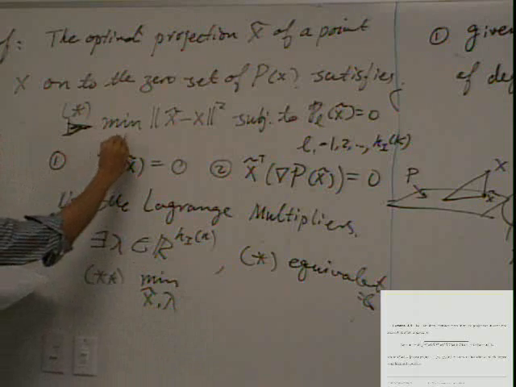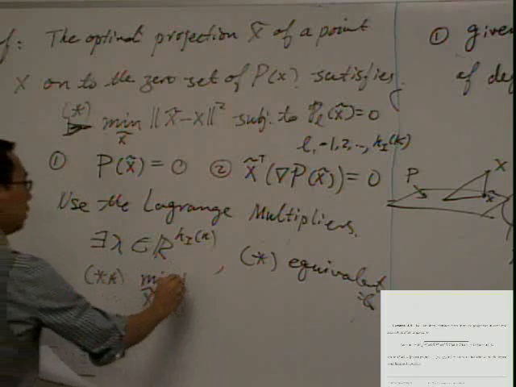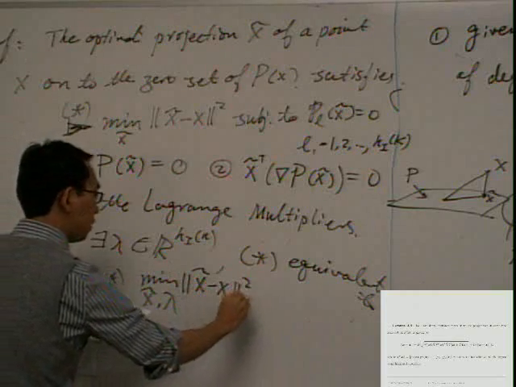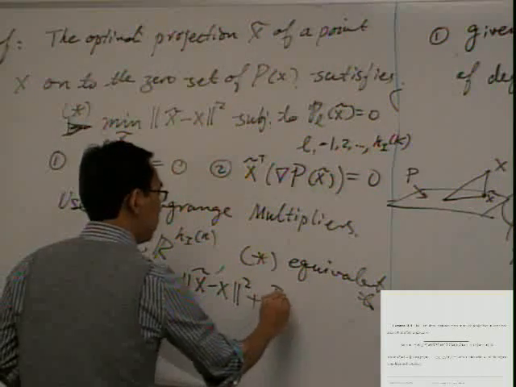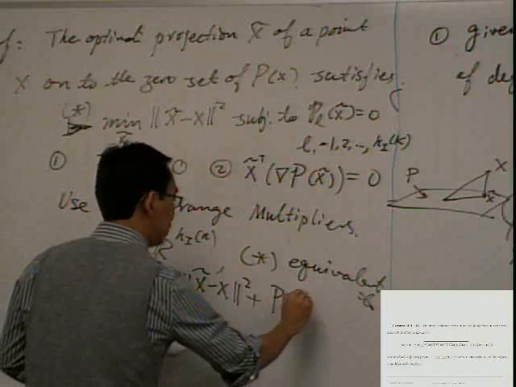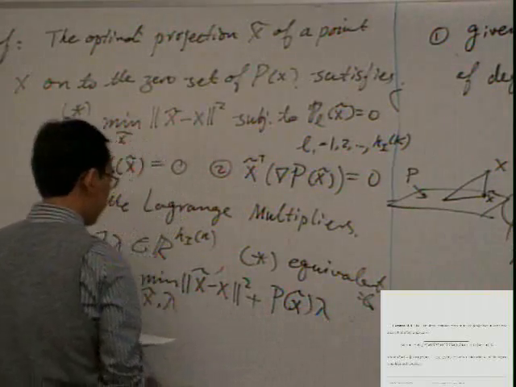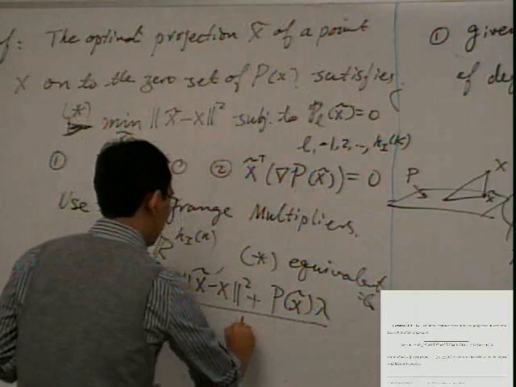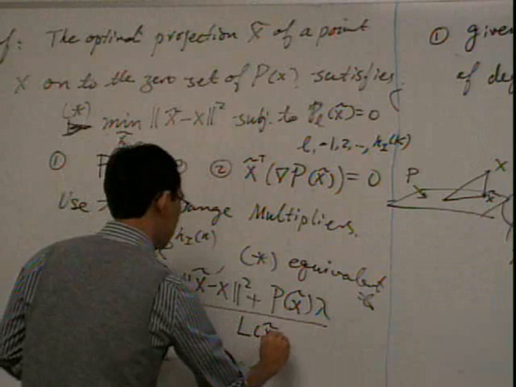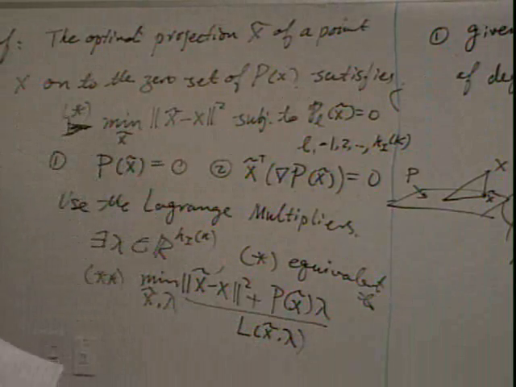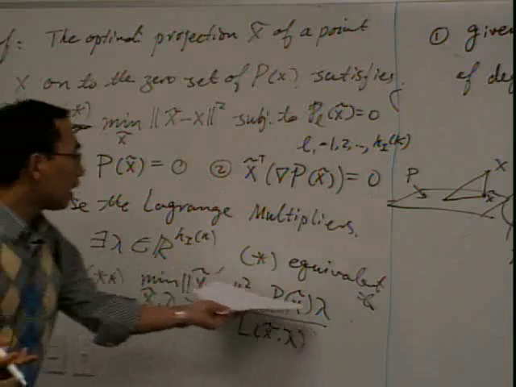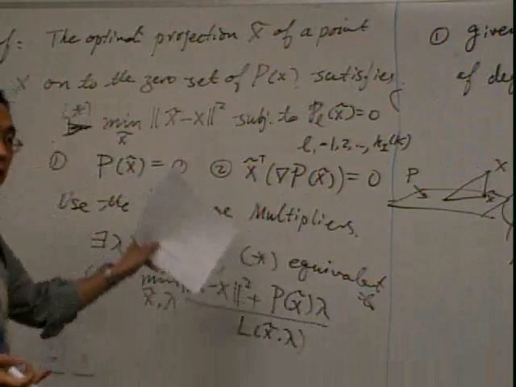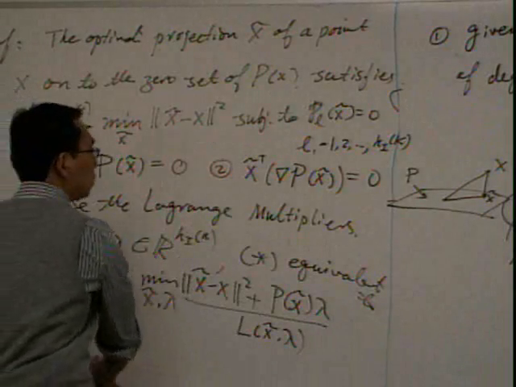So we minimize x tilde, still the Euclidean distance between the two, plus p of x tilde times lambda. Okay? We call this term our objective function. Is that clear? This is a row vector that contains polynomials. This is a vector of Lagrange multipliers. Okay?